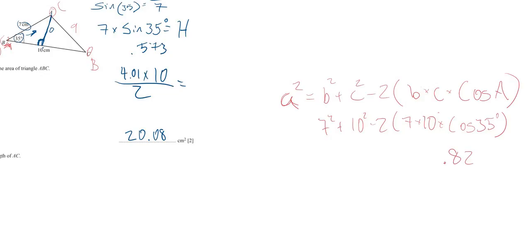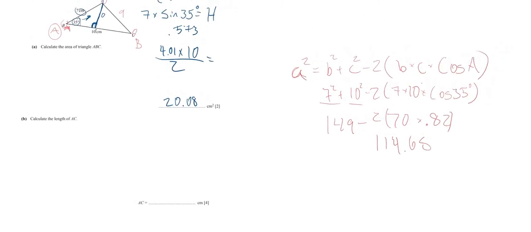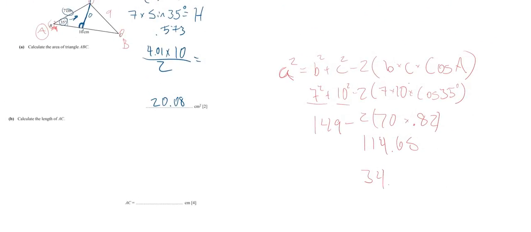I'll call it 0.82 times the 70. This gives us 49 plus 100, so 149, minus 0.82 times 70 times 2, which equals 114.68. Let's subtract that from 149, and what we end up with is 34.32. And that's what a squared equals.